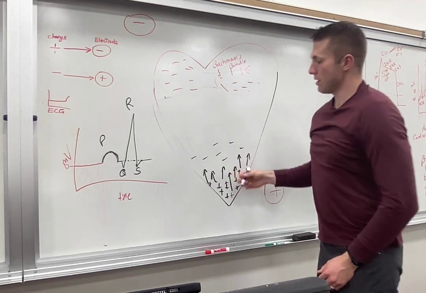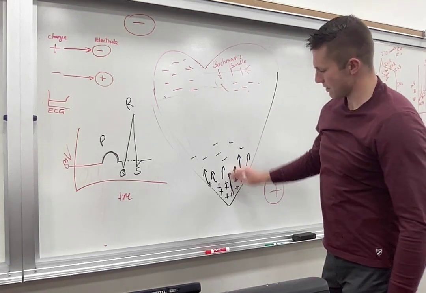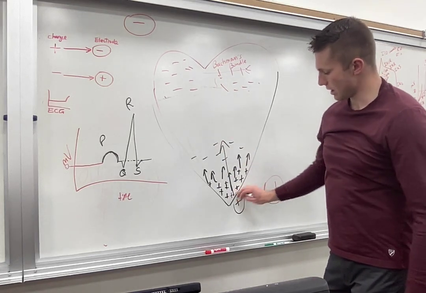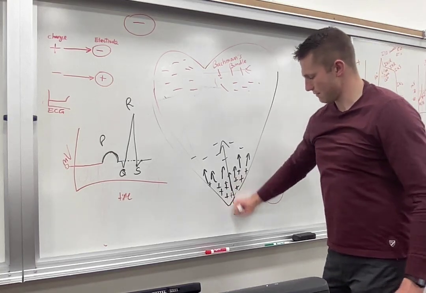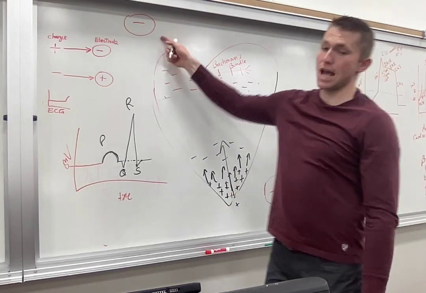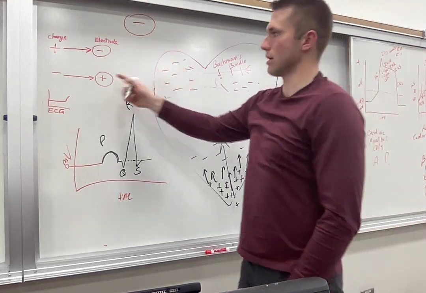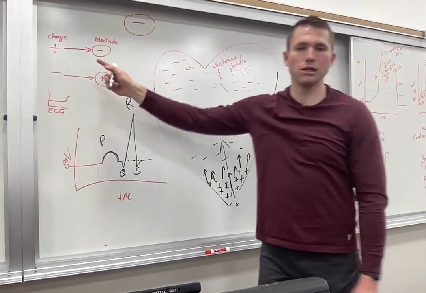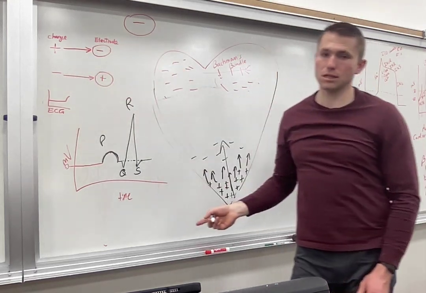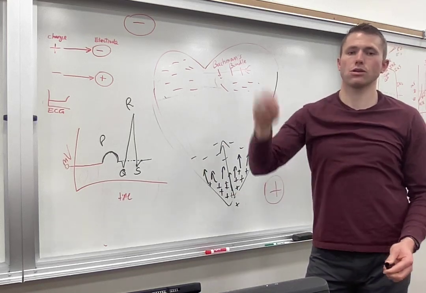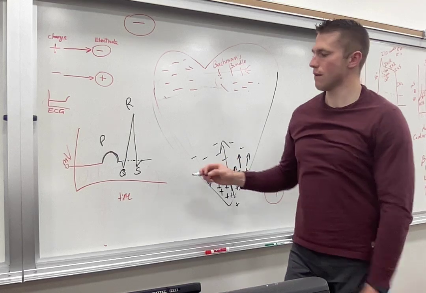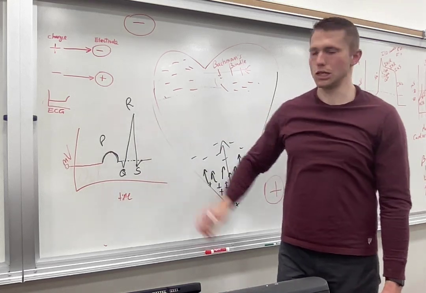And so now we've got a positive-tailed charge vector traveling to a negative electrode, and that follows our rule that if it's an oppositely charged charge vector traveling towards the electrode, then we go up in our ECG.